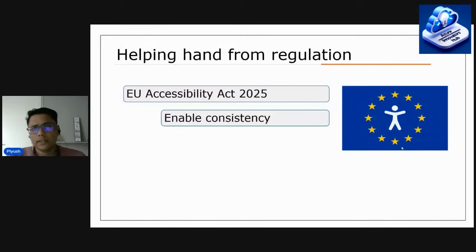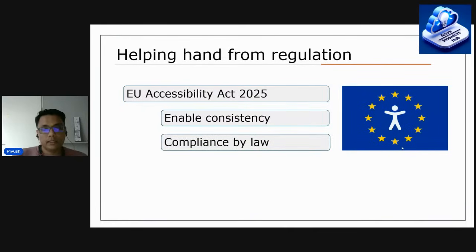They have also brought a lot more products and services under the umbrella of these regulations. In the past, it was maybe only, for example, government websites or anything offered as a public service. But now a lot more things will be in scope. And it is also compliance by law.